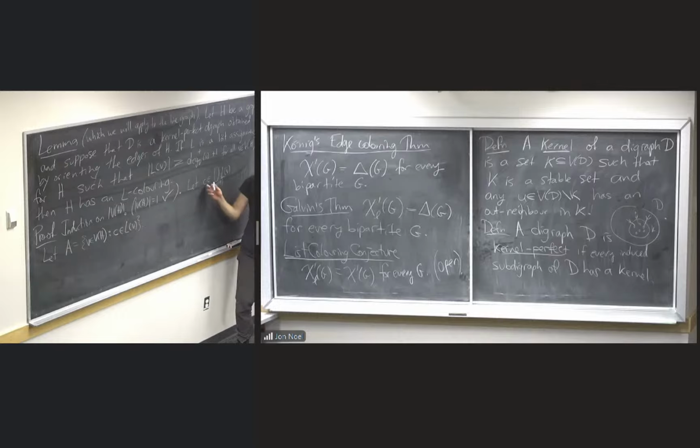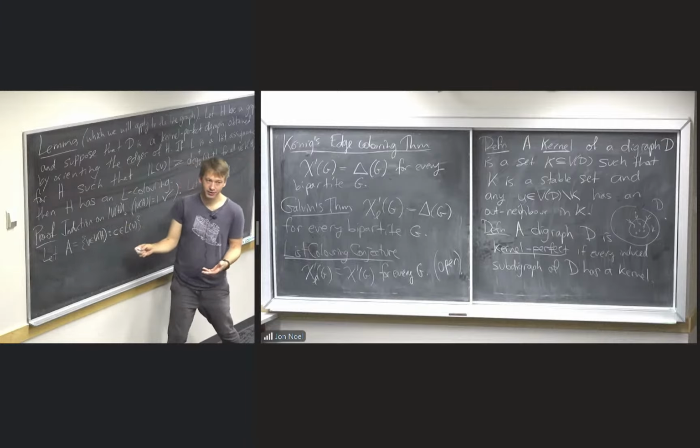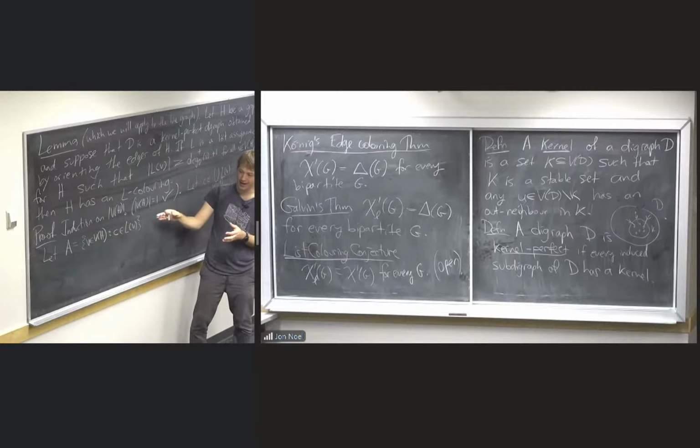One thing I know is that if I'm going to use this color C, I need to use it on a stable set of vertices, because it has to be a proper coloring. And of course the vertices I use the color C on have to be in this set A. So I want to find a stable set in A and give those vertices color C, delete them, and just hope that I can use induction.